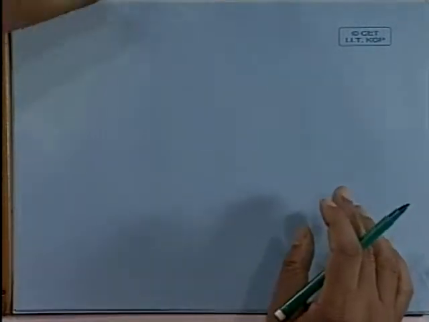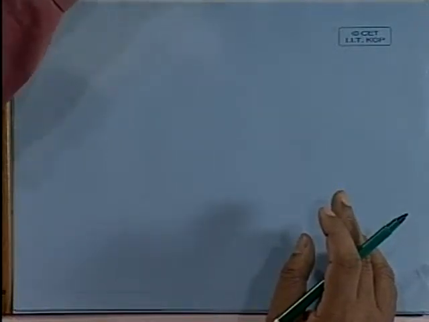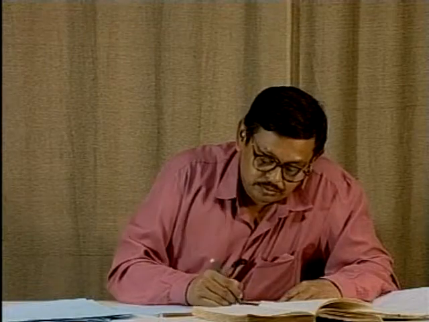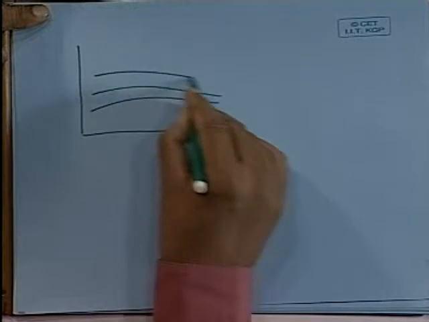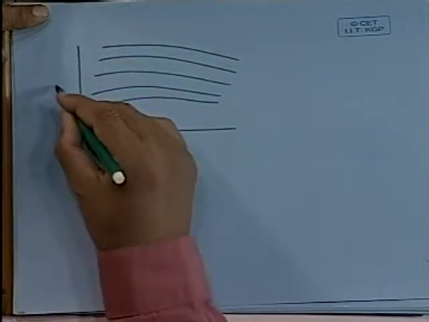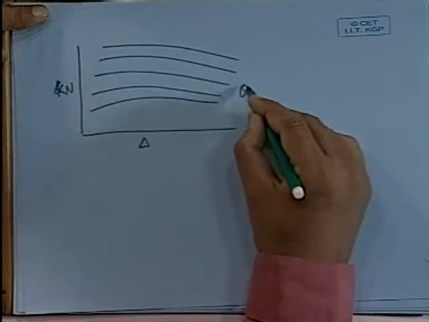Now, having said this about cross curves, we should talk a little bit about the statical stability curve. So this cross curve we have now obtained. This is my cross curves, displacement versus KN for thetas.